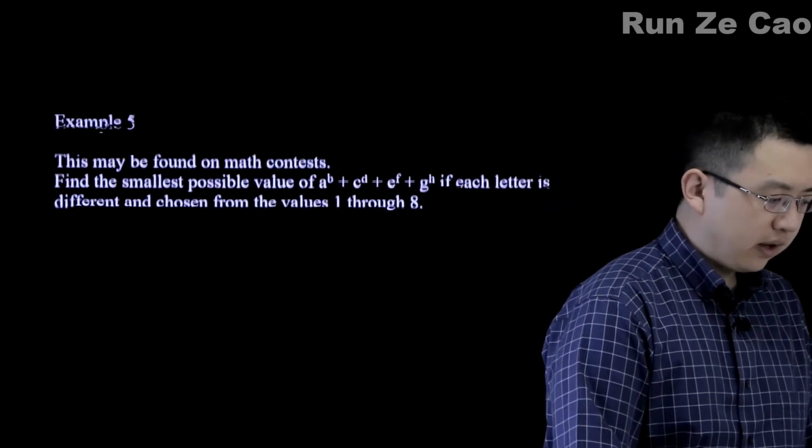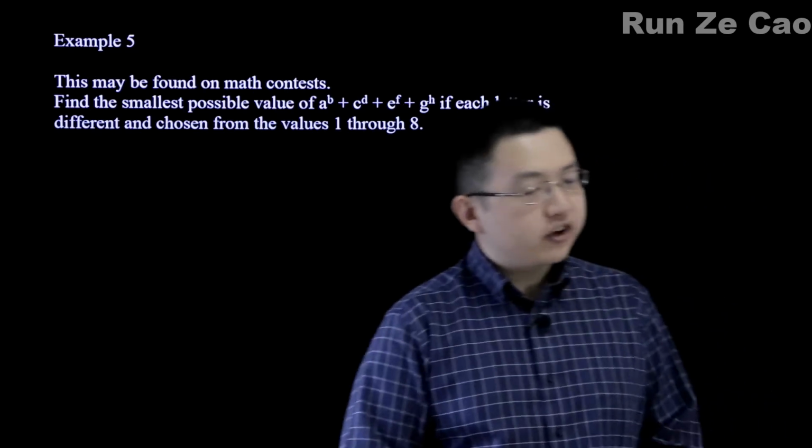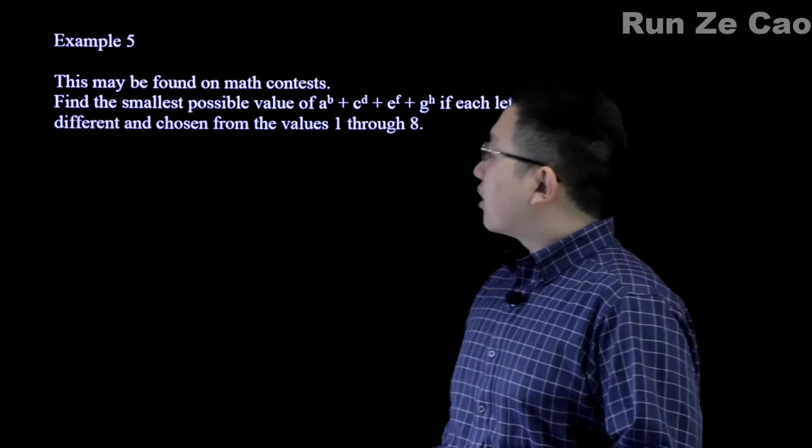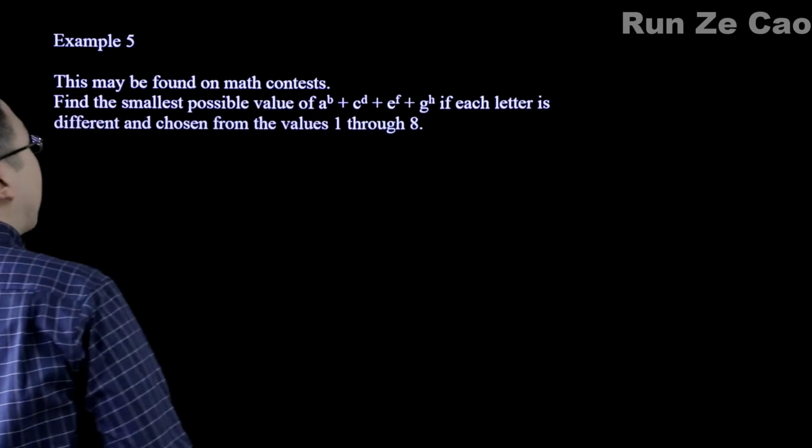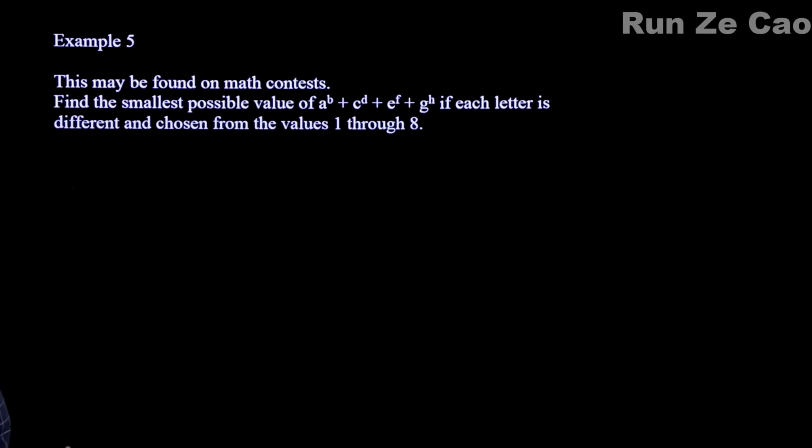Now example 5. This may be found on math contests. Find the smallest possible value of a to the power of b plus c to the power of d plus e to the power of f plus g to the power of h if each letter is different and chosen from the values of 1 through 8.